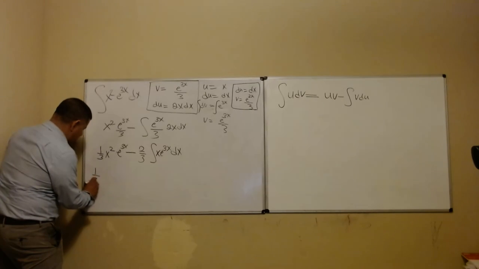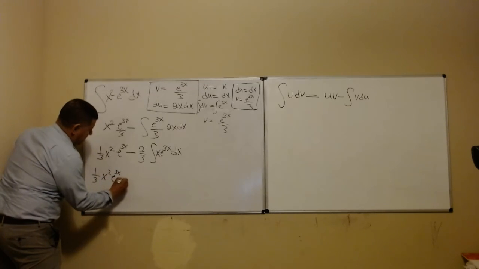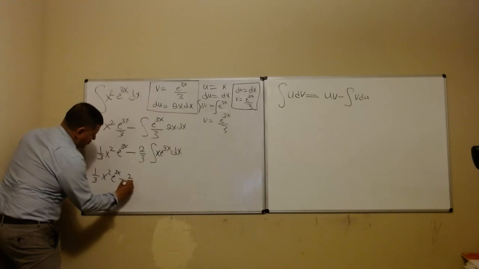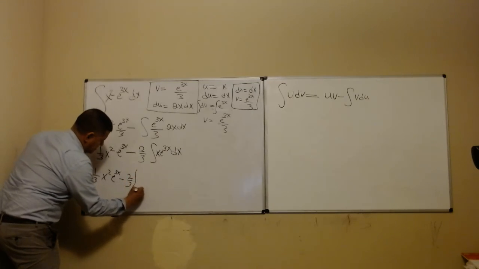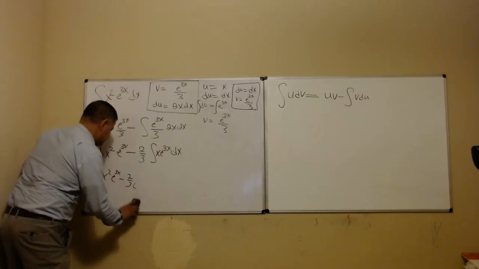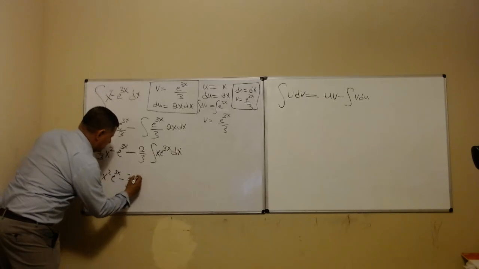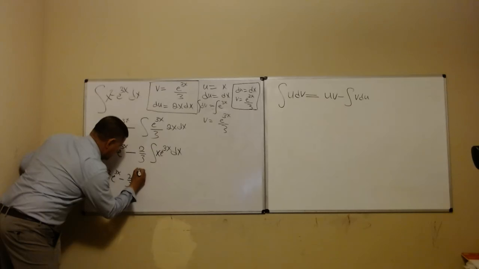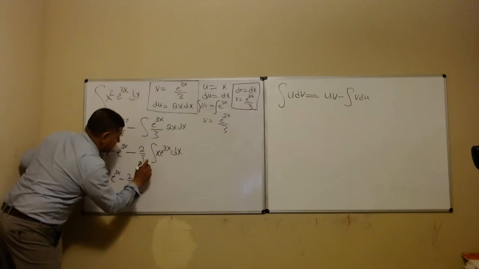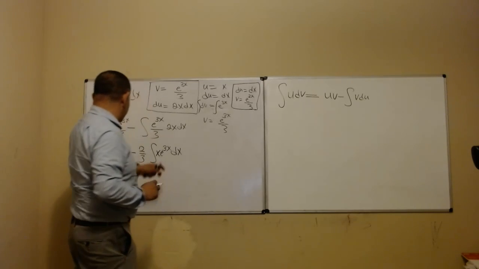I do 3x squared e to the 3x minus 2/3, right? Now, how do I integrate this?